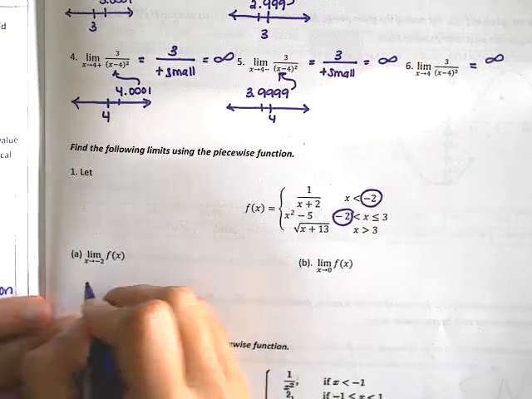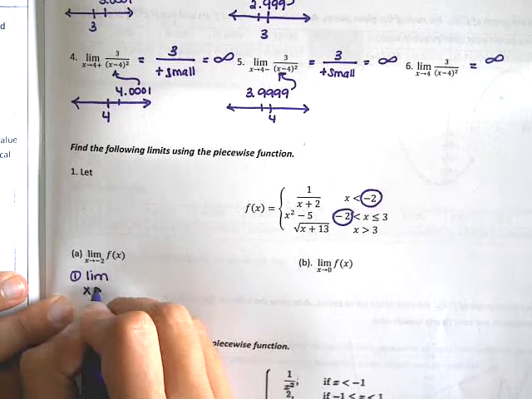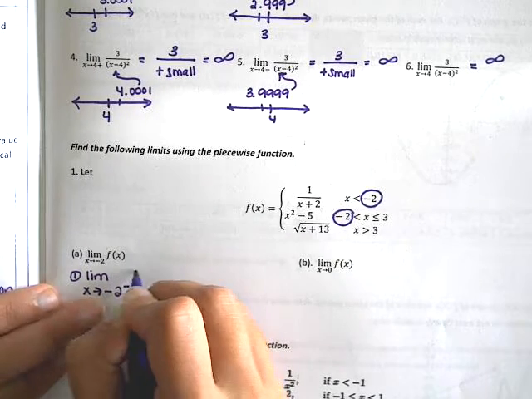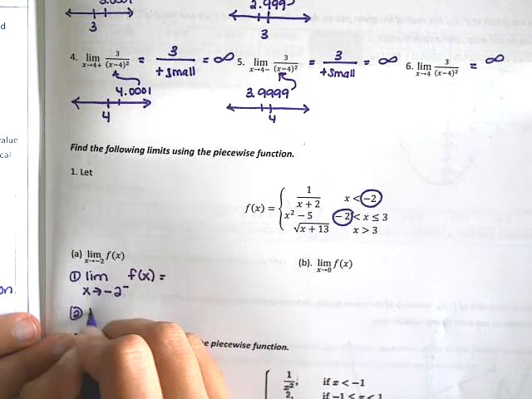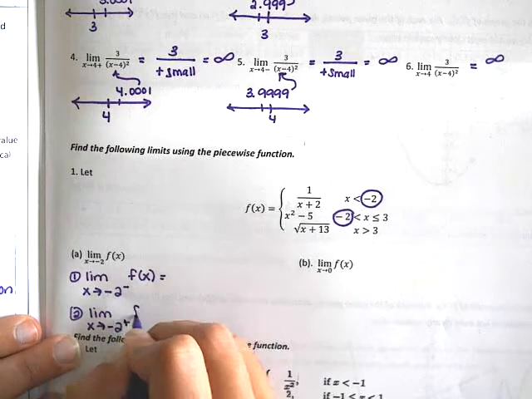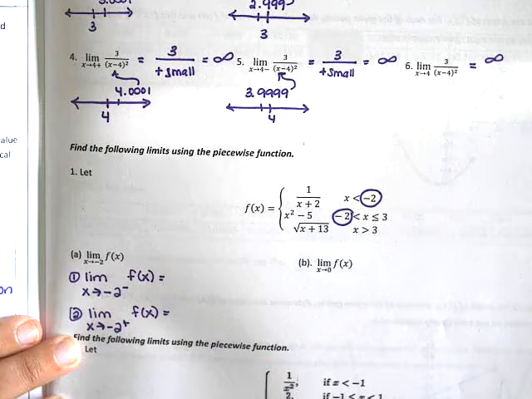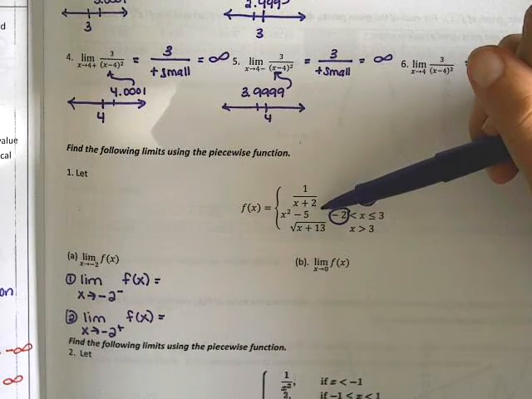So in order to figure out this limit, first I need to find the limit as x approaches negative 2 from the left, and then I need to find the limit as x approaches negative 2 from the right and see if they match. From the left means look at the top function. Can you plug in a negative 2 here? No, it's a fraction.